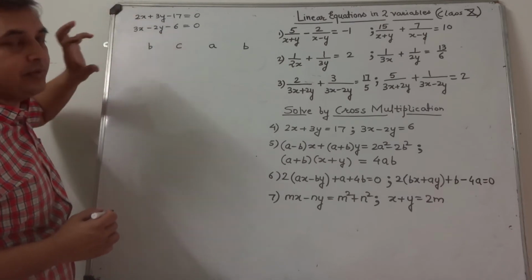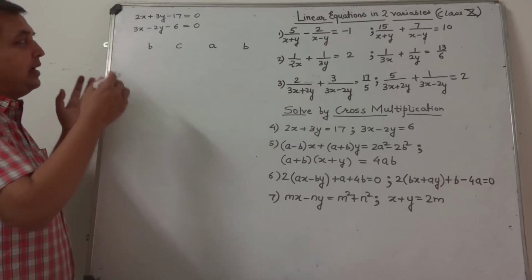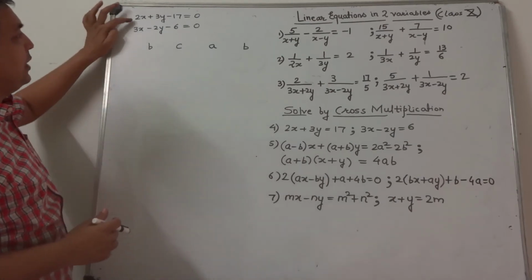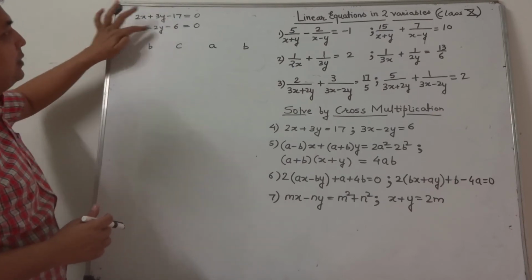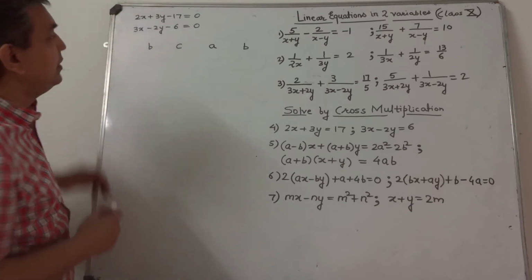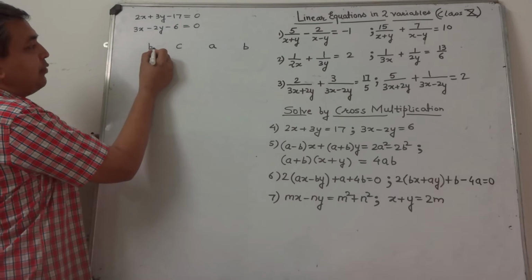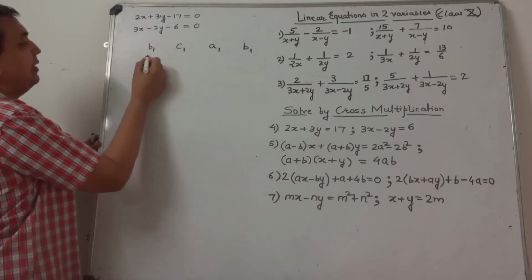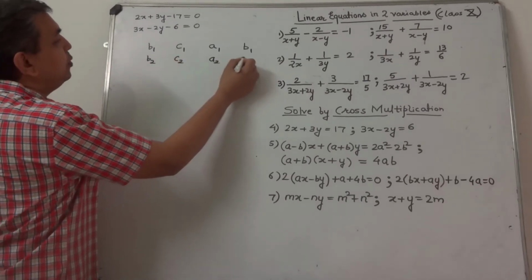Since there are two equations, in place of A, B, C, we say A1, B1, C1 and A2, B2, C2. So what we do is, we write in this form: B1, C1, A1, B1 and B2, C2, A2, B2.